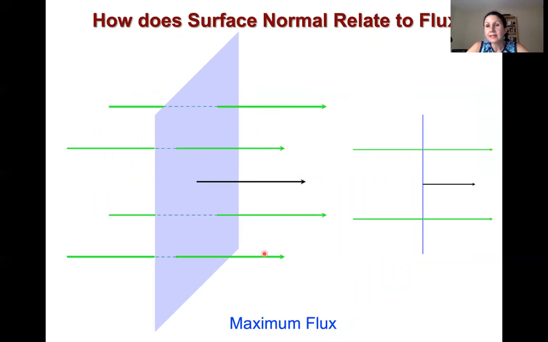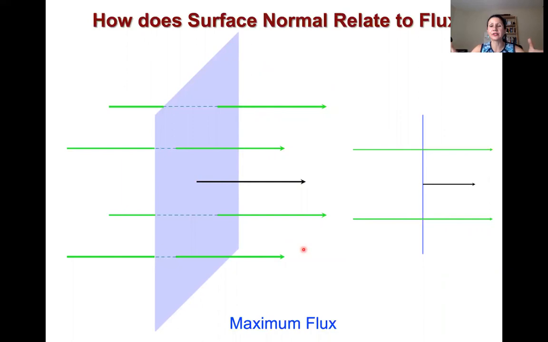So how would we maximize the amount of flux? Well, if the surface normal is parallel to the magnetic field lines, this is how you get the most field lines, the greatest flux going through your area. Then you could visualize as you start rotating this area relative to the field lines, there would be less and less that would actually go through the area.